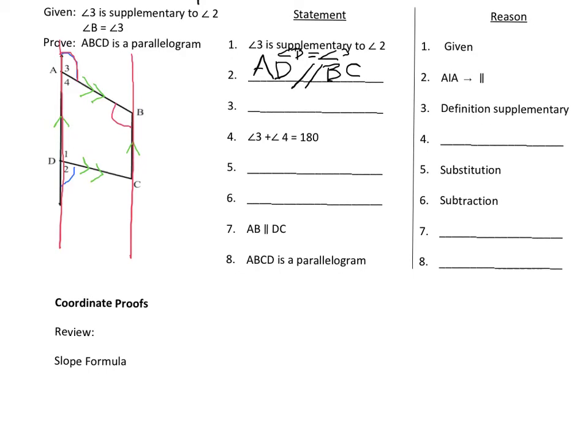Next step is the definition of supplementary. In the given, we were given that angle 3 and angle 2 are supplementary. The definition of supplementary would just be saying that the sum of those angles is 180. So that one's a little more obvious. You might just assume that. And I also see that angle 3 and angle 4 equal 180.